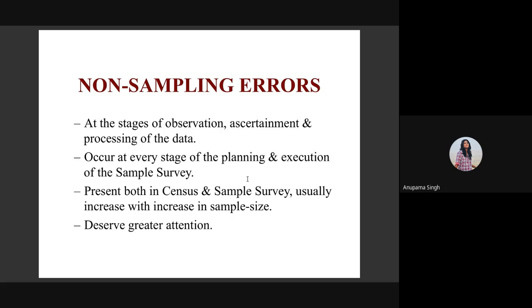So for the whole sample, the error will continue to happen. And now your whole study goes to waste, right? So it is very important, because these kinds of errors can be rectified if one wants to. It can happen at every stage, during the planning or during the execution of that particular sampling survey.